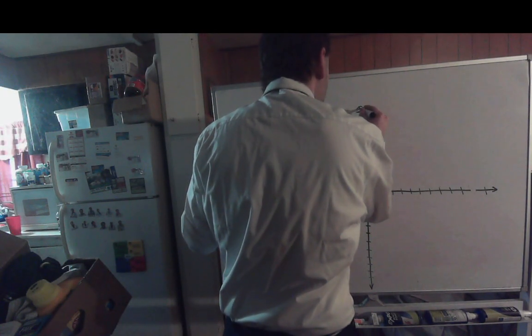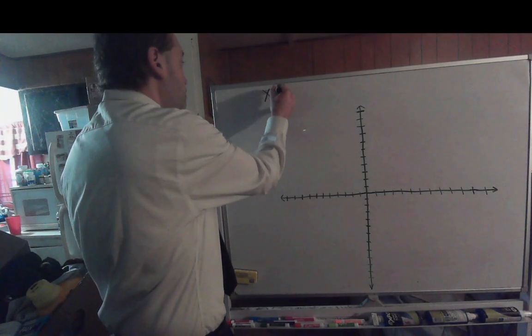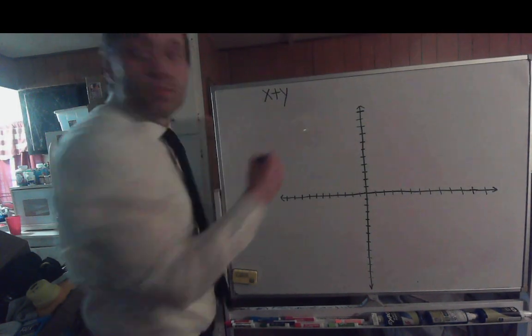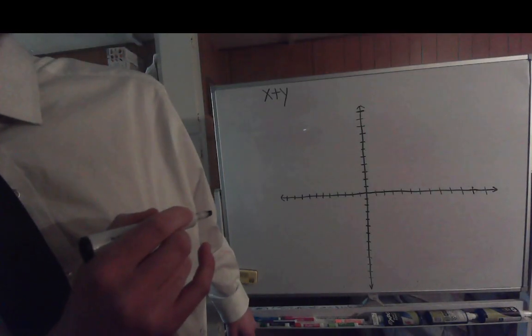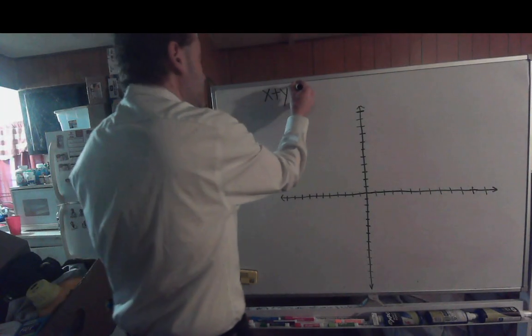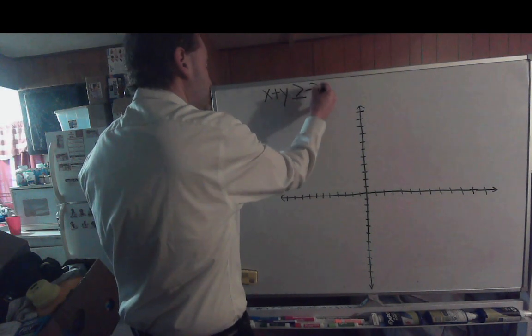Alright, so what if we had, well, let me fill this back in. There we go. Okay, so we have x plus y is greater than or equal to negative 2.